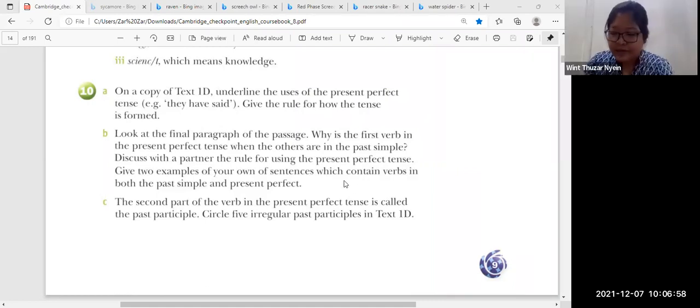Okay, so in this paragraph, test 1F, you will see that the sentence structure is usually written with a complex sentence. What is a complex sentence? How do you know a complex sentence?